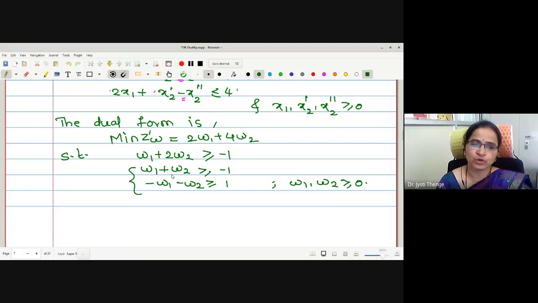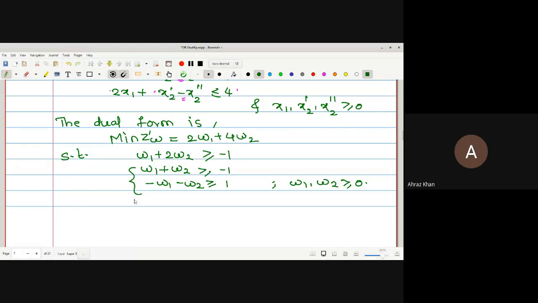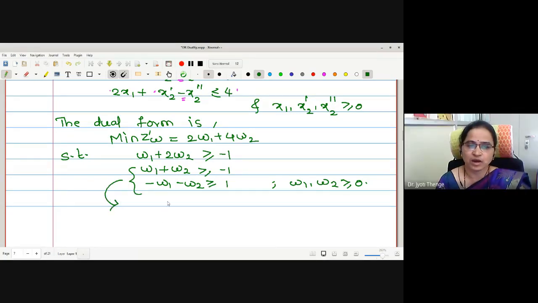Therefore, combining both, we may write this as an equality constraint: W1 plus W2 equals minus 1.